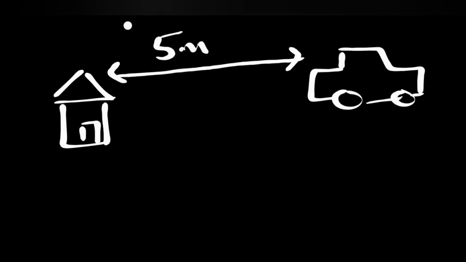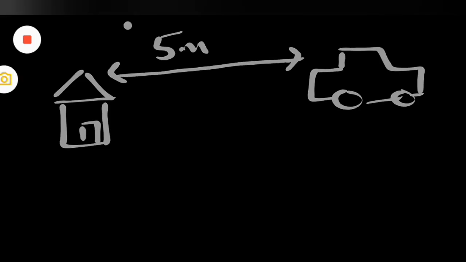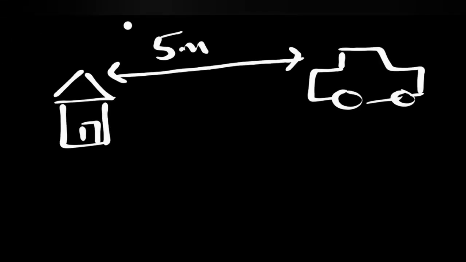When we consider the diagram shown, we can say the distance between the car and the house is 5 meters. However, when we talk in terms of displacement, we need to specify the direction. When we look at it in terms of cardinal points, we could have that the car is 5 meters east of the house, or the house is 5 meters west of the car.